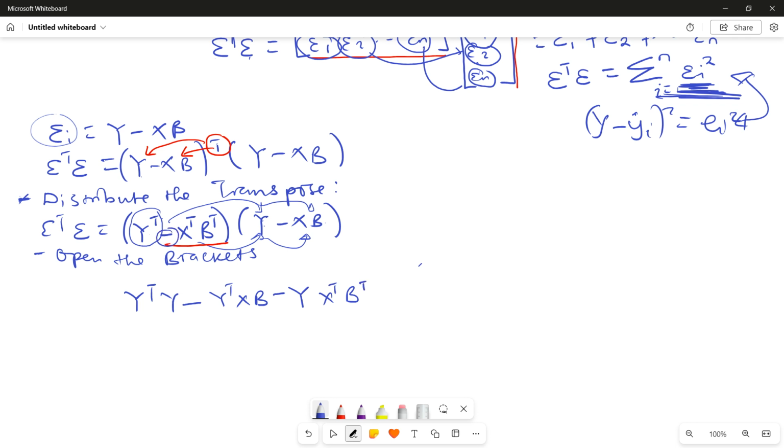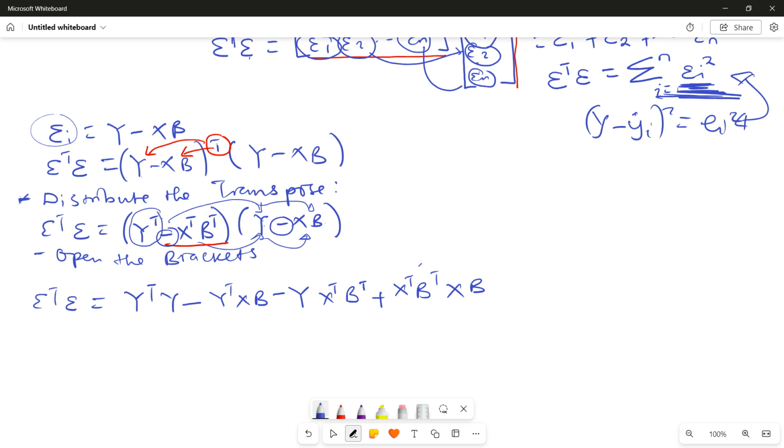Then negative times negative is a positive, so x transpose b transpose multiplied by xb gives plus x transpose b transpose xb. This is still e transpose e. The only thing we've done is distribute, or multiply throughout, so that we open the brackets and have one single equation.